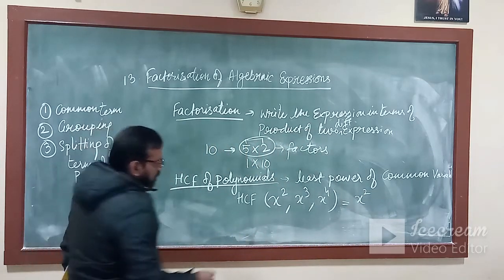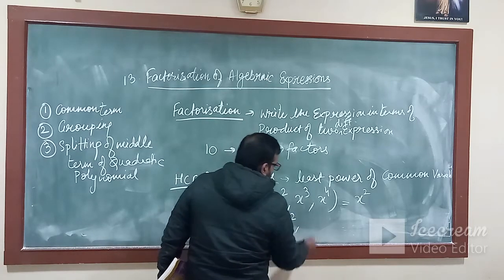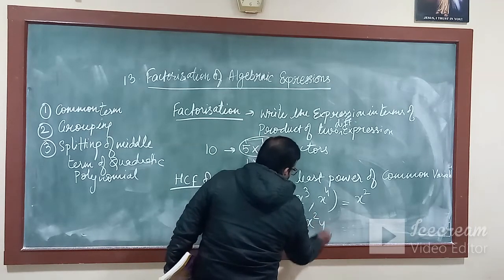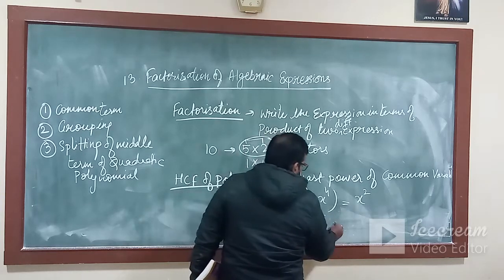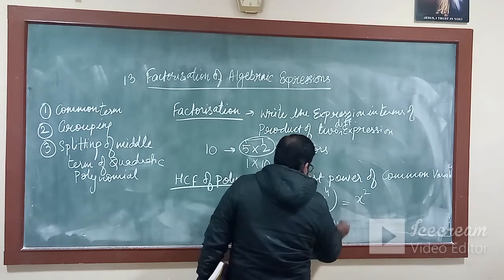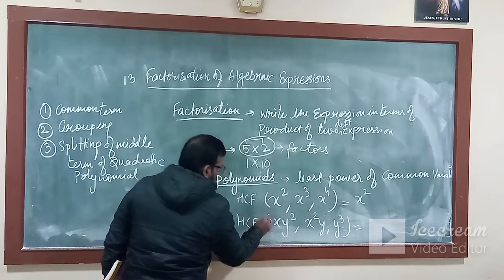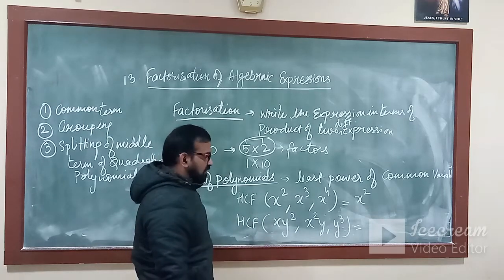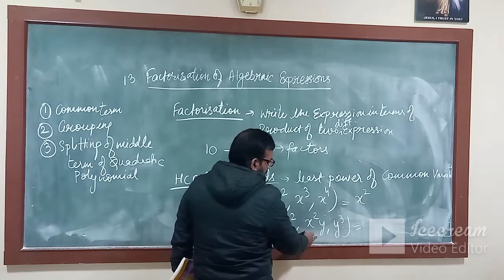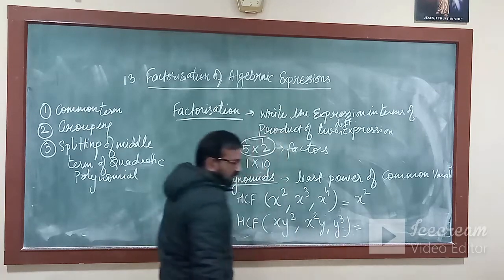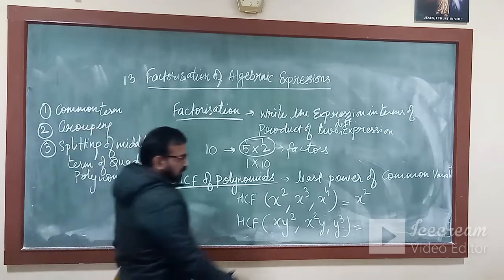Suppose I have to take the HCF of xy square, x square y, and y cube. What I have told you is that it is the least power of the common variable. We have three terms here. The first two terms contain x, but the last one does not contain x, so in that case we will not consider x, we will consider only y.